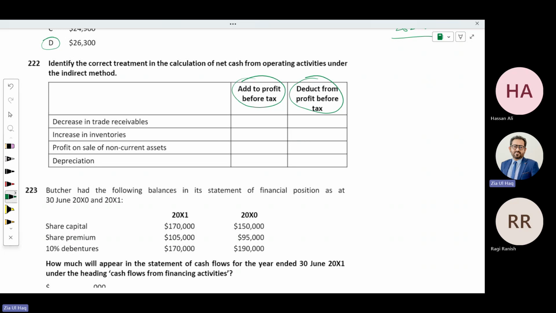Decrease in trade receivable, added. Inverse relation, increase in inventory. Profit on sale of non-current asset, income relating to non-current assets, deducted. Losses relating to non-current assets added, depreciation.